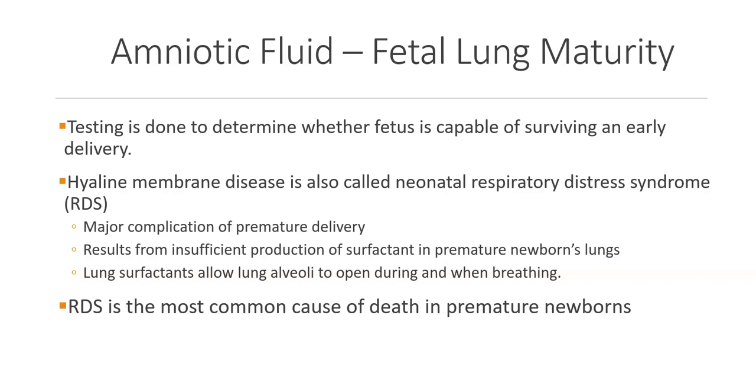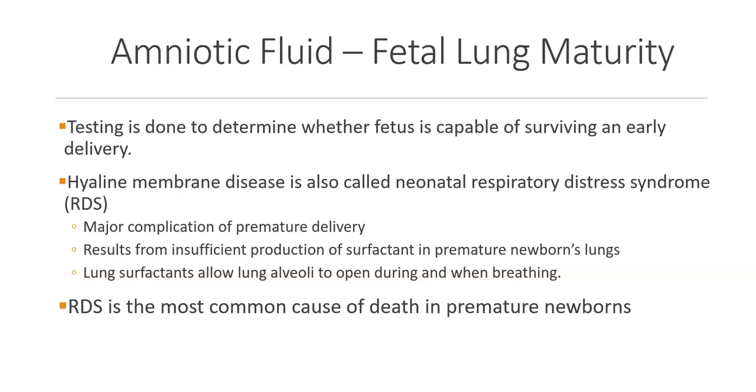Hyaline membrane disease is also called neonatal respiratory distress syndrome, RDS. It's a major complication of premature delivery, and this results from insufficient production of surfactant, which we'll talk about in a moment, in the premature newborn's lungs. Lung surfactants allow the lung alveoli to open when breathing.